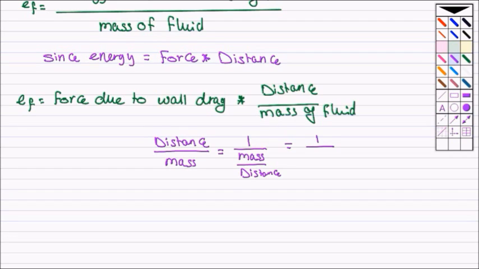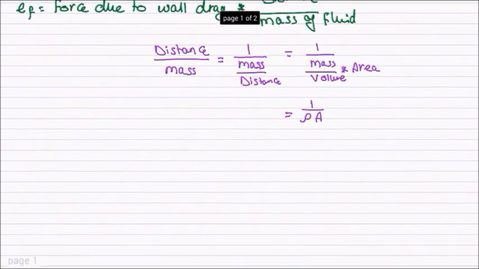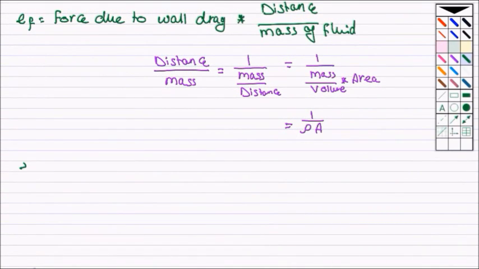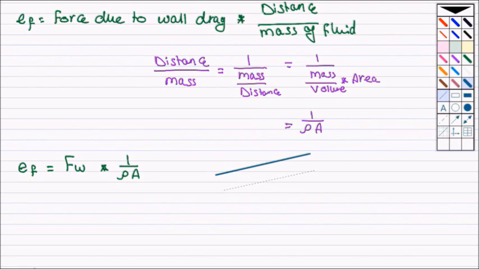So we can say 1 divided by mass divided by volume times area, since volume divided by area equals distance. So now 1 divided by rho A, since mass by volume equals density. Okay, now EF equals force due to drag times 1 by rho A.